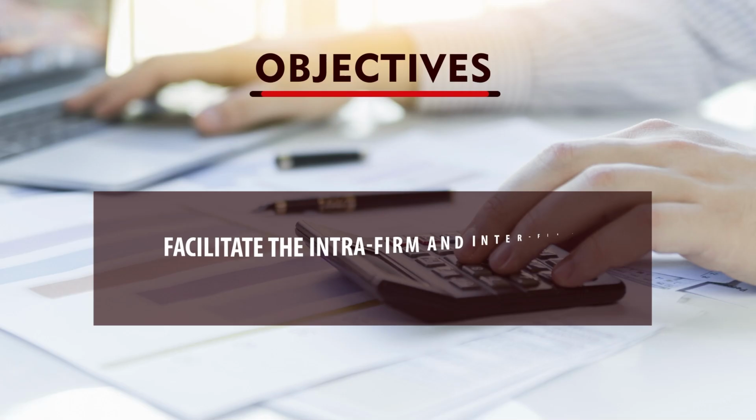Then facilitate intra-firm and inter-firm comparison. So, well friends, when the accounting standards are there and the financial statements prepared by the different organizations have been prepared keeping in view the practices, the policies, the rules and regulations framed under the ambit of accounting standards, then there must be uniformity in the recording of business transactions and in the preparation of the financial statements.